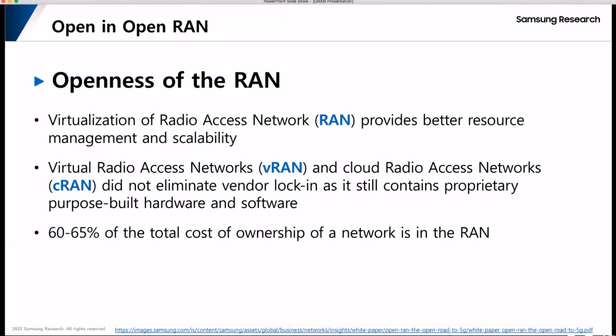But one of the tendencies with this is that there would be a vendor lock-in. This means that instead of buying just the software solution, the network operators would also have to buy the hardware and other software of the same vendor. This is because sometimes components make use of proprietary purpose-built hardware.